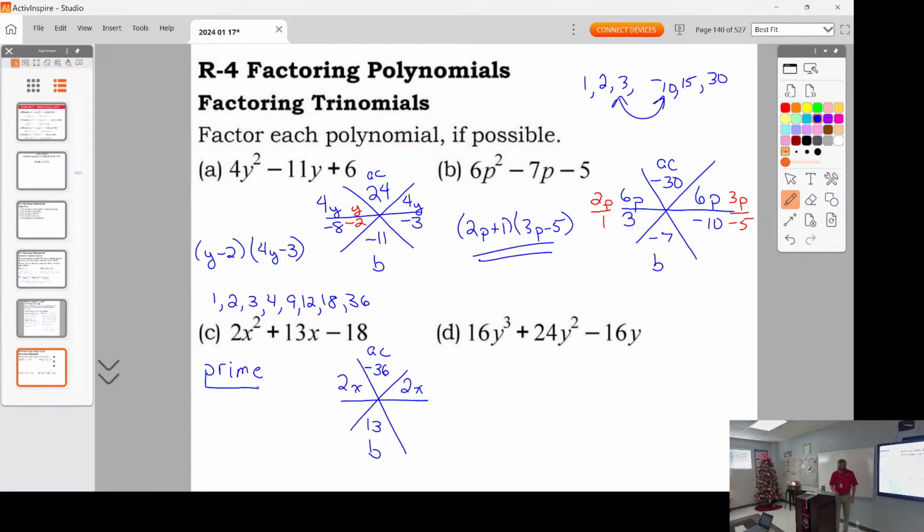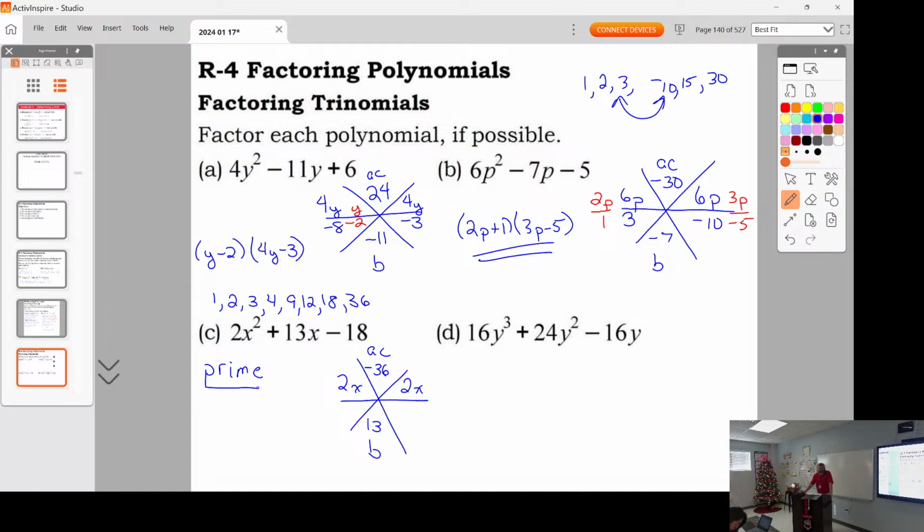All right, part D. Is there greatest? Oh, that's right. Cubed plus 24y squared minus 16y. Okay, I'm hearing 4y is the greatest common factor.